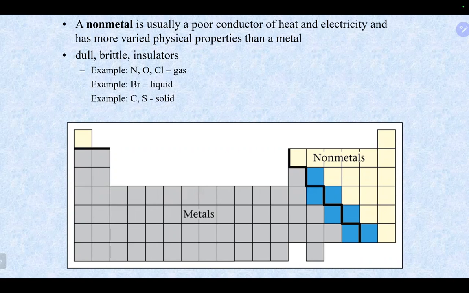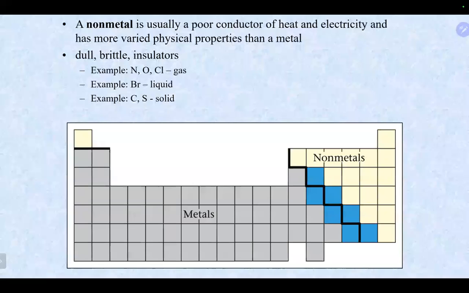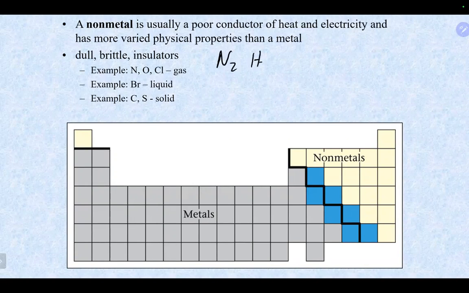So you can see nitrogen, oxygen, chlorine are gases, bromine is the liquid, carbon and sulfur are solids. A lot of non-metals are those diatomic molecules we talked about. They come as diatomic molecules, and they're still elements.